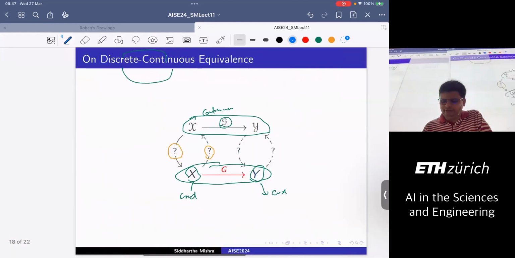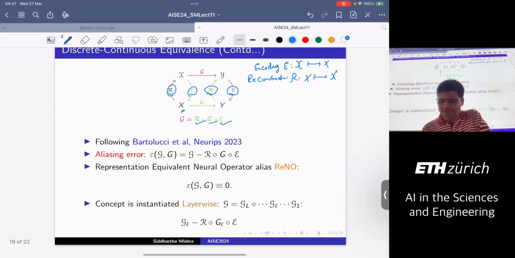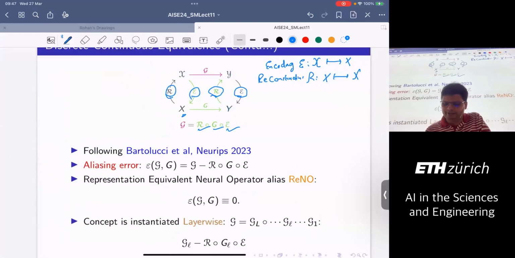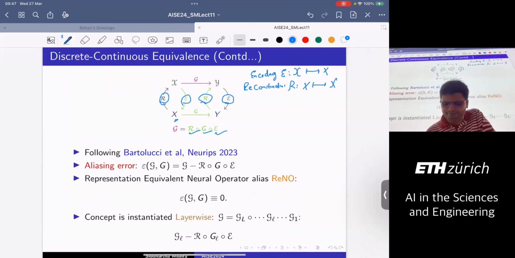So the error in doing this, there's a name for this error. Some of you who have done some signal processing in electrical engineering probably know this error. It is called aliasing. Okay, aliasing error is when the equivalence between the continuous and discrete fails. If this had been true, then there would be some equivalence between the continuous and the discrete. But that fails, and then you end up with some error.